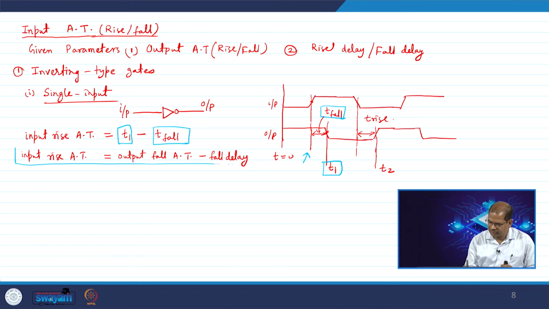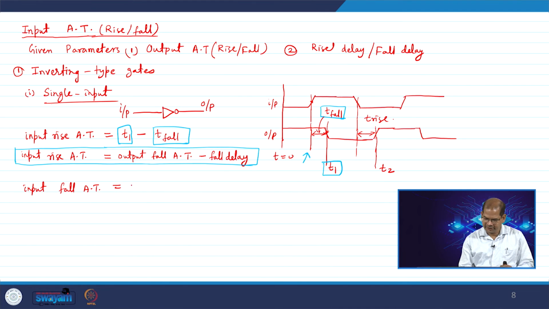Similarly, I can do it for input fall arrival time. The input fall arrival time is basically T2 minus T rise. So, this is output rise arrival time minus rise delay.